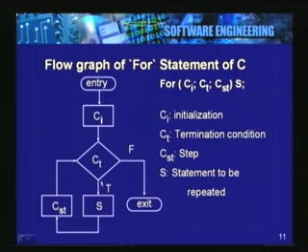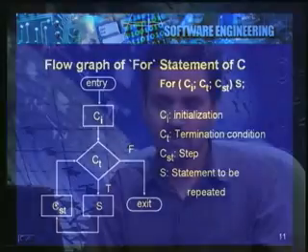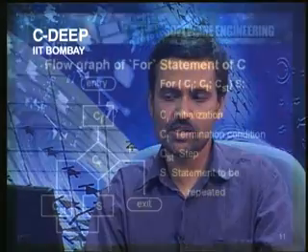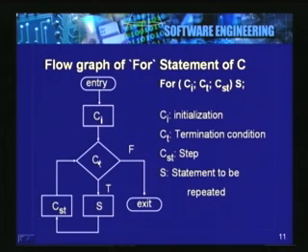If it evaluates to true, for example, if I less than 10 is true, then you go on to execute S, which is your statement that you want to repeat. So you execute S, and after S is executed, you execute the step Cst. So once you execute the step, go back to check your terminating condition.